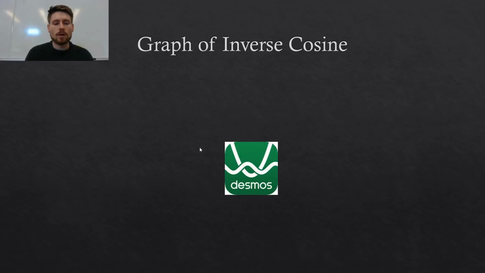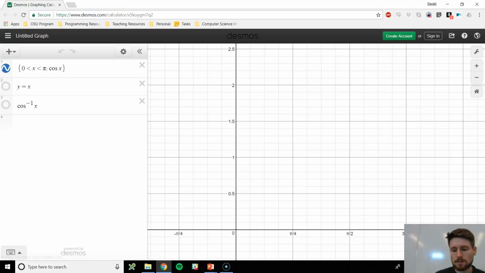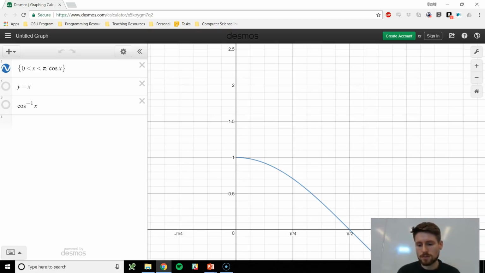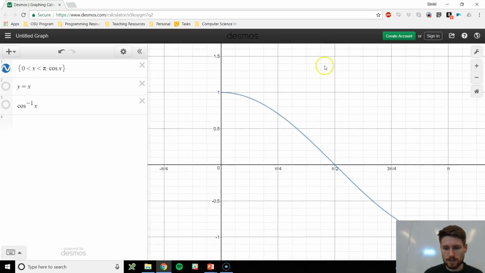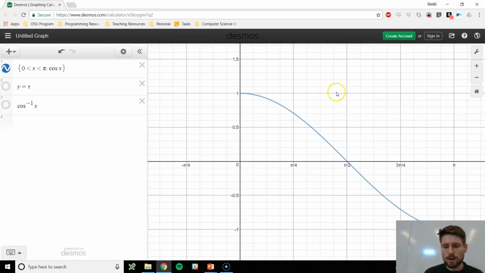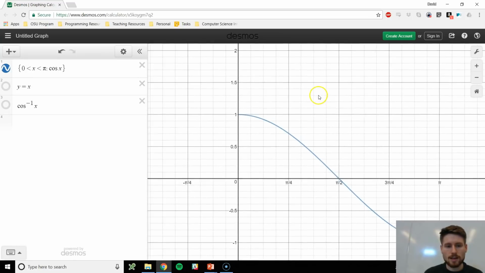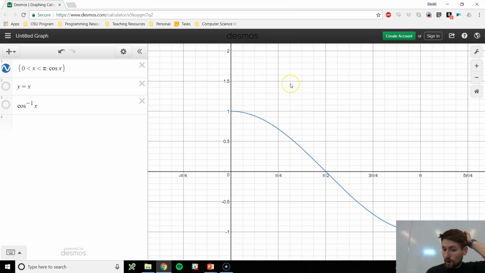Okay, so we're going to look at the graph of inverse cosine first. So I have a little Desmos app to look at. Okay, so here's the graph of cosine restricted to be 1 to 1.